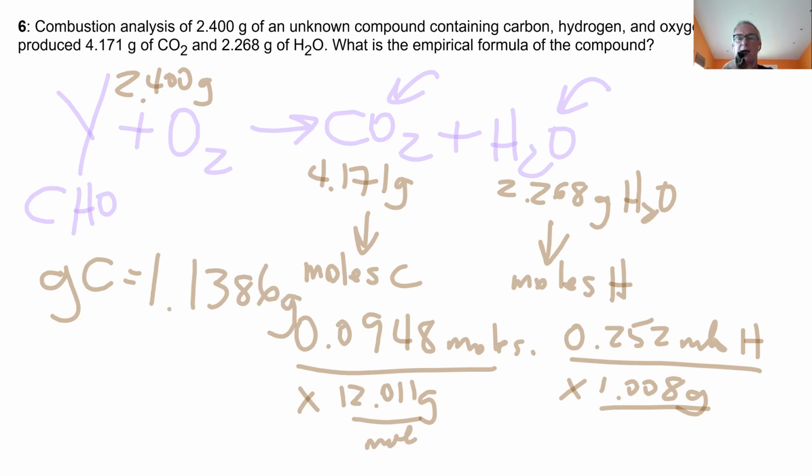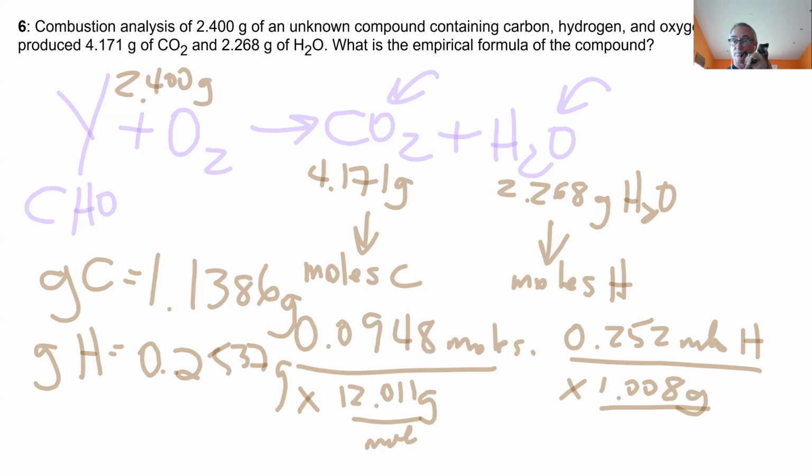What about hydrogen? How many grams of hydrogen do we have? 0.2537 grams. Remember, grams.